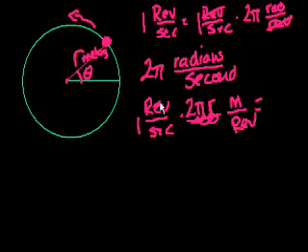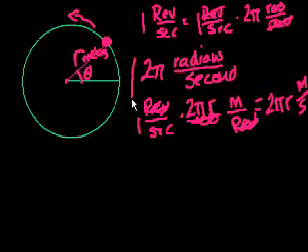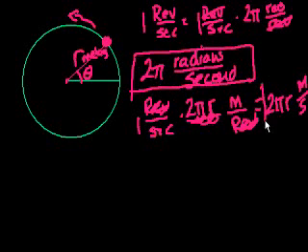And that equals, the revolutions cancel out, 2 pi r meters per second. So that's interesting. Given the radius and how many revolutions per second, we can now figure out its velocity. So this right here is how fast it's spinning, and this is the object's actual speed, right?